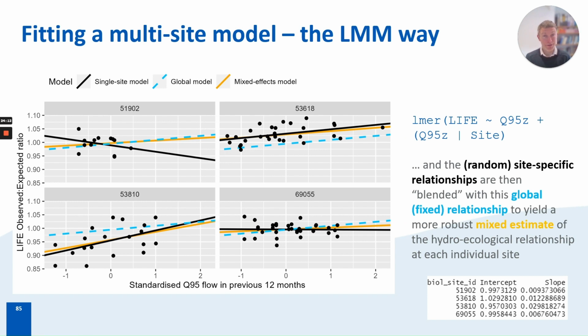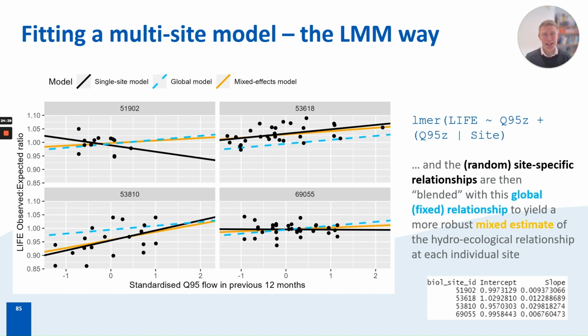However, it gets better than that. Because not only does the mixed effects model give us an estimate of this global effect, but it then takes that global effect and it adjusts it to reflect the data for each individual location. This essentially is, if you like, a sort of a hybrid or blended approach. You can think of it as taking the global relationship and then adjusting it to the data for each individual site.